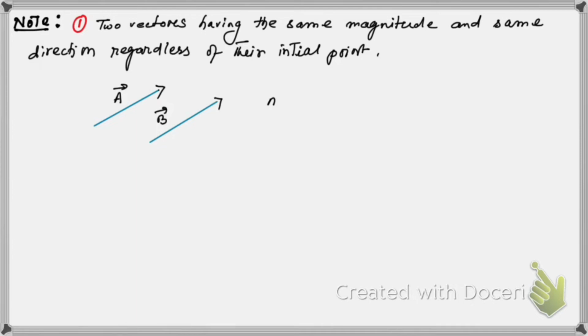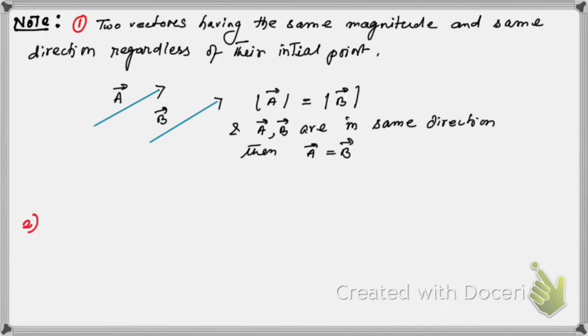They have different initial points and different terminal points, but the direction is the same and the magnitude is also the same. Then the magnitudes of vector A and vector B are equal, and these two vectors are in the same direction, so they are said to be equal vectors.